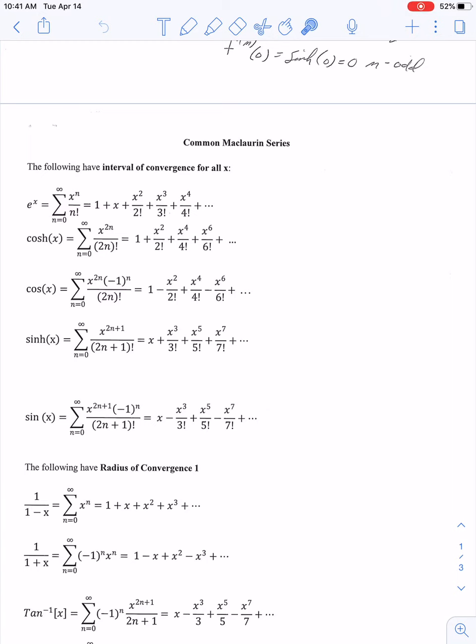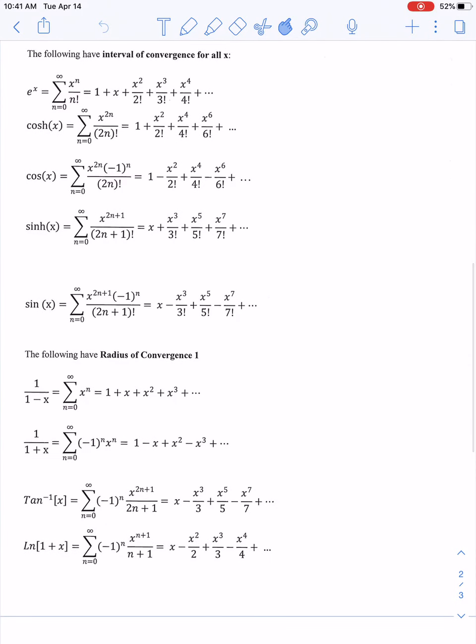All of these functions right here have an interval of convergence of minus infinity to infinity. And you could run that yourself by the ratio test. In other words, they converge everywhere. Absolutely everywhere.